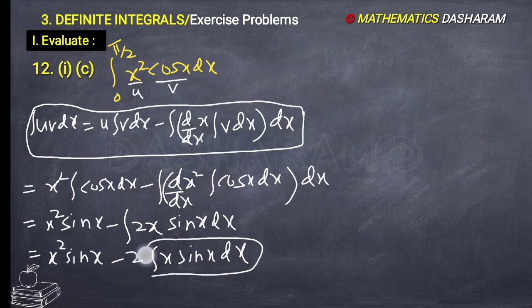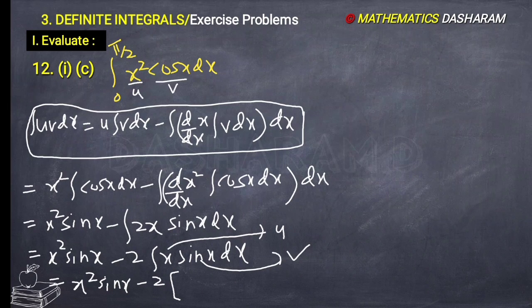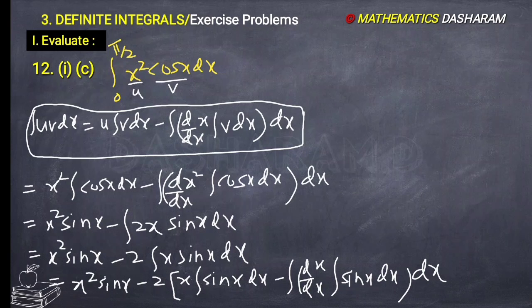Here once again apply the product rule. So x square sin x minus 2 bracket of, here x is u, sin x is v. So integration u into v dx is u into integration sin x dx minus integration d by dx of u, that is x, into integration sin x dx, all dx.